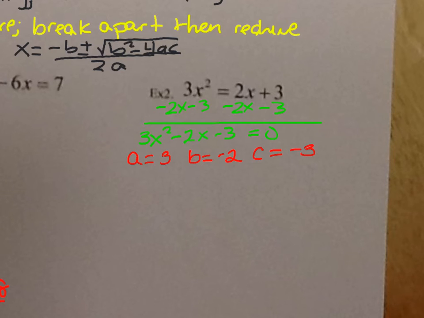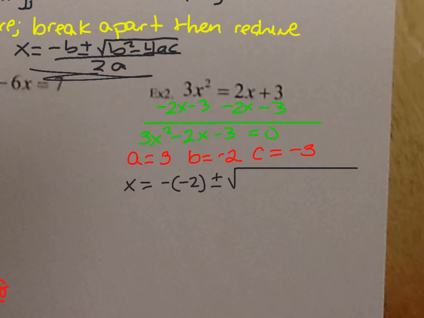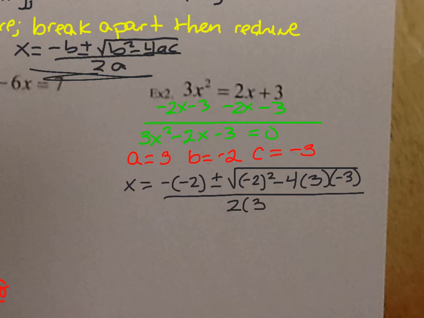All right, now we're going to plug it into the formula. So remember the formula up here. I have it. X equals negative whatever b is, that's negative 2, plus minus the square root, use parentheses, negative 2 squared, minus 4 times a, which is 3, times c, which is negative 3, all over 2 times a, which is 3.